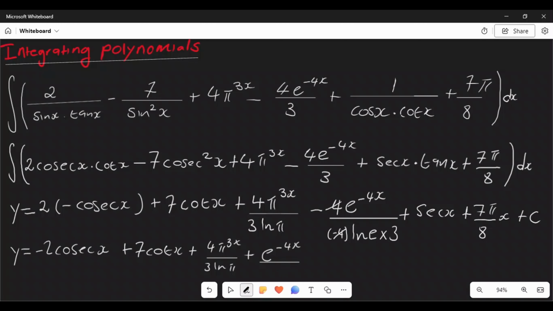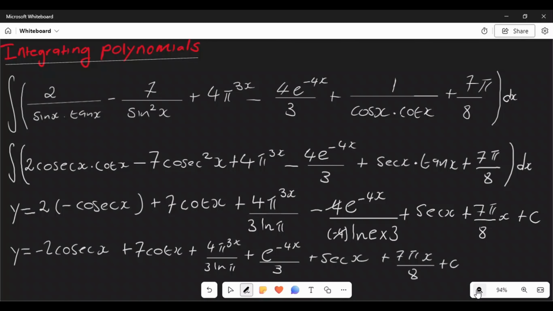Multiply by 3, and then we're left with 3. Then plus sec x. There's nothing we can do here. Sec x is fine. And then we come to the last term, which is going to be 7 pi x over 8 plus c. So this is basically how your answer is supposed to look.